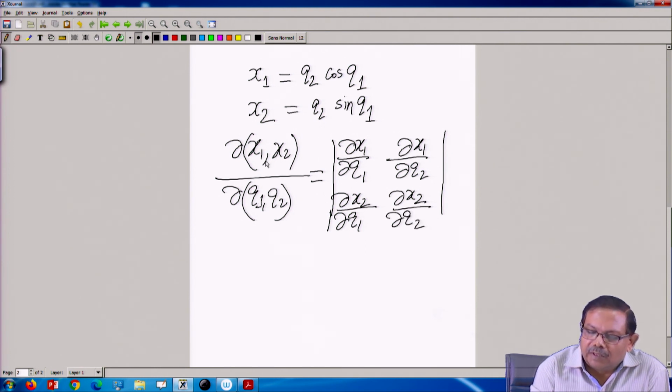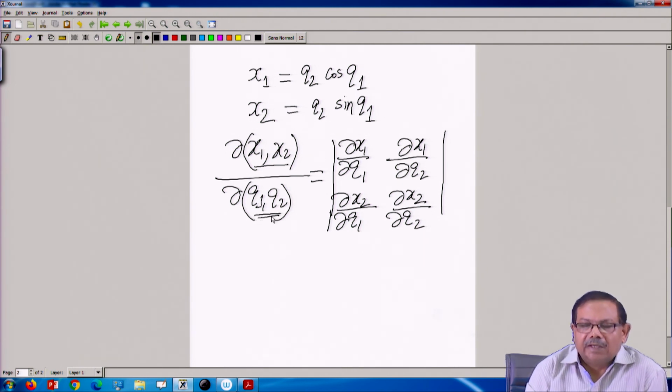So, if there were n such Cartesian coordinates and n such coordinates we designed, out of that s are generalized coordinates and n minus s are artificial generalized coordinates whose constants are used, then I can write an n by n determinant. If this is non-zero, then only I can do the transformation.